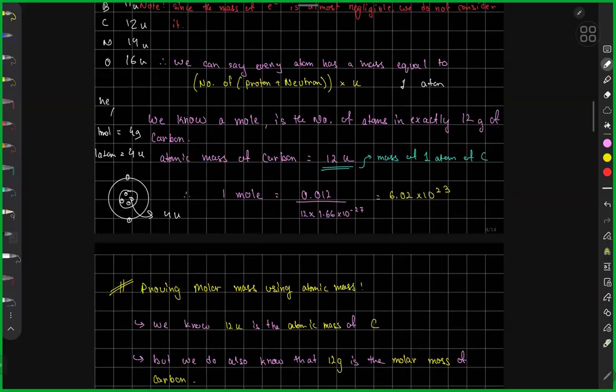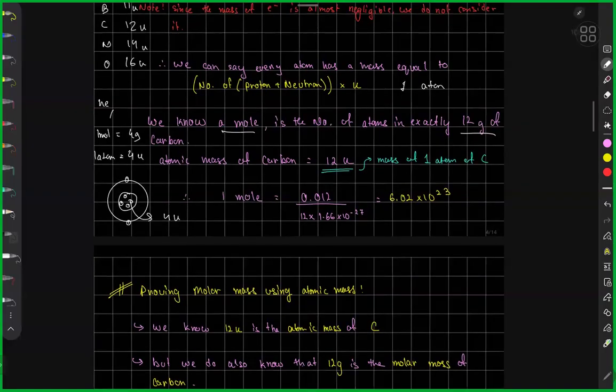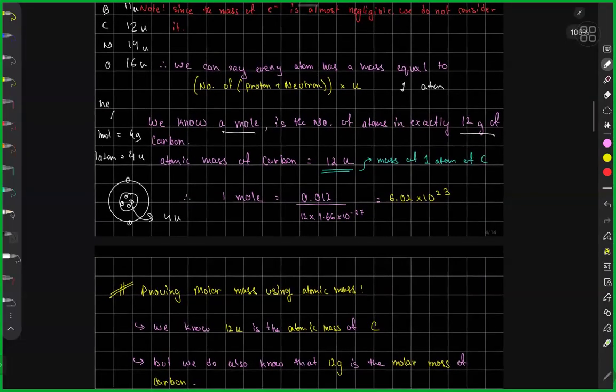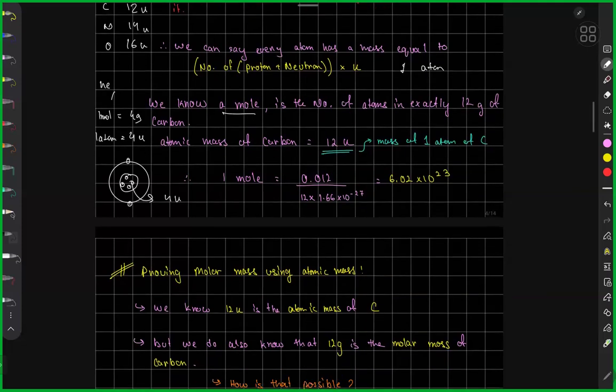Moving on, we know a mole is simply the number of atoms in exactly 12 grams of carbon. Can this be said with respect to helium, nitrogen, oxygen? Yes, but we are just taking carbon as the standard. Now if I work with carbon, the atomic mass of carbon is 12U. Agreed?